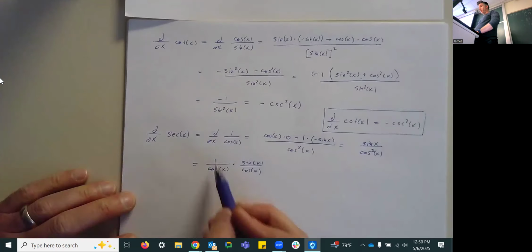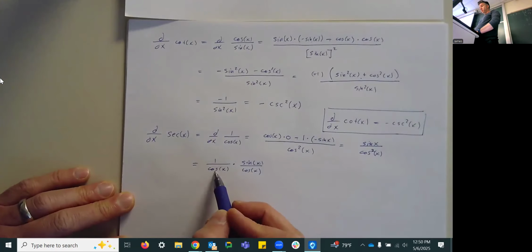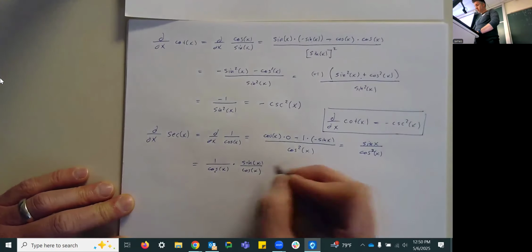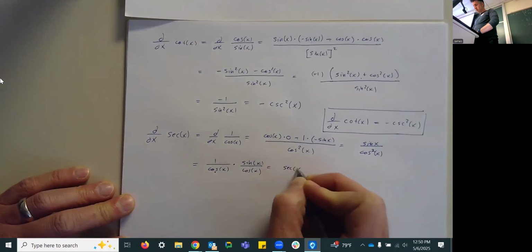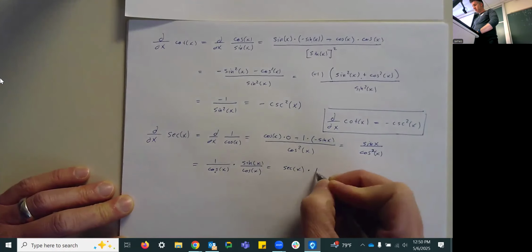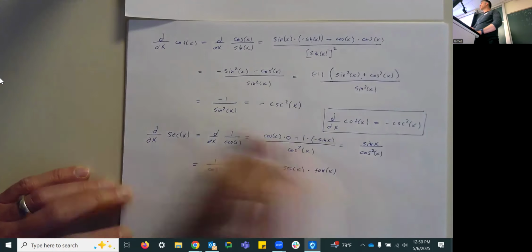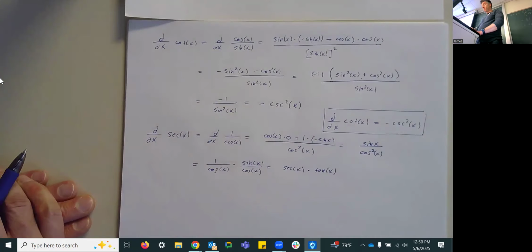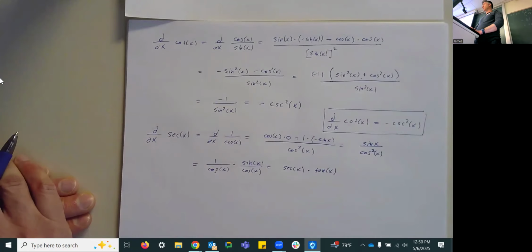And then 1 over cosine is another name for secant. And sine x over cosine x is another name for tangent of x. So the derivative of secant of x is secant of x times tangent of x.